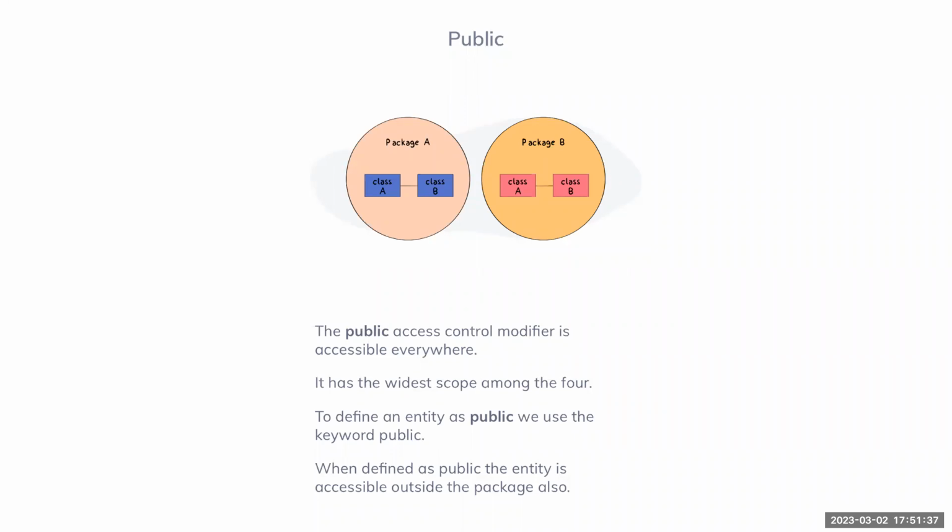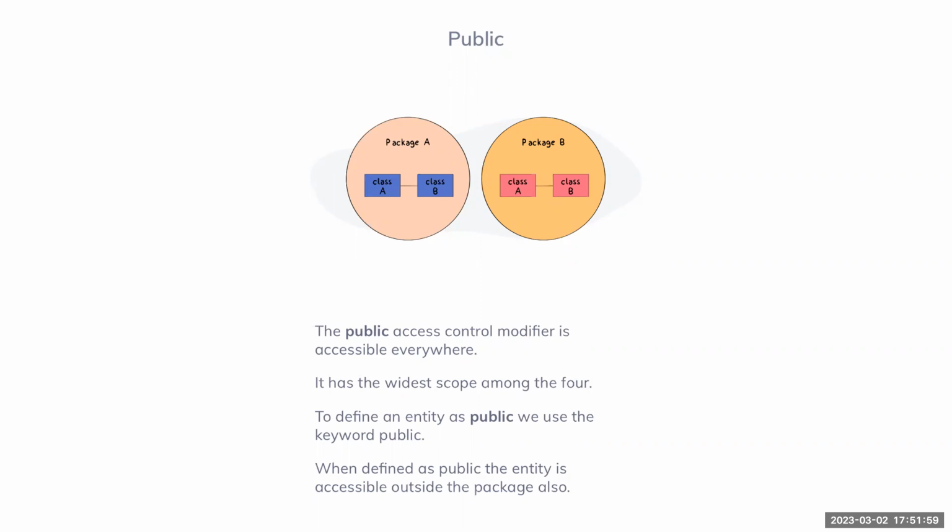Let's say you have multiple packages in your application and you declared one of the classes as public in one package. That means it has a very wide scope. You can access that class from anywhere in the project.